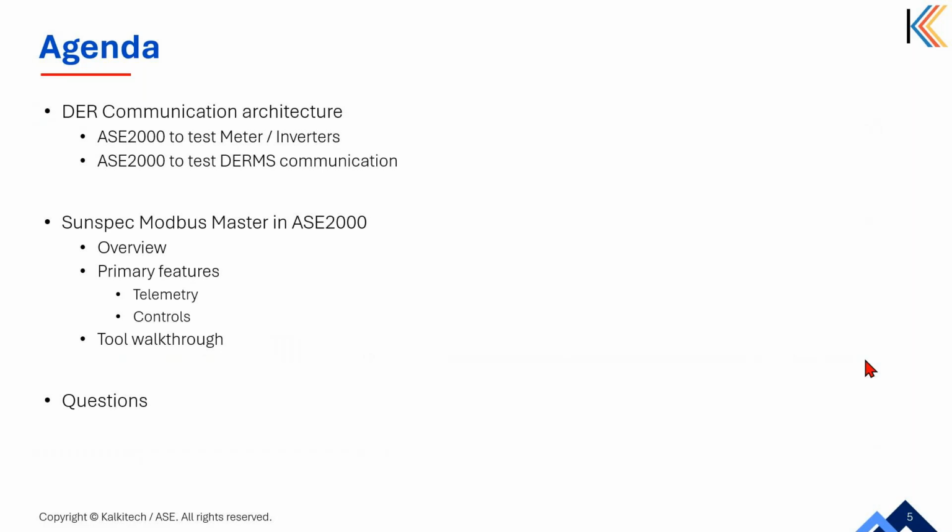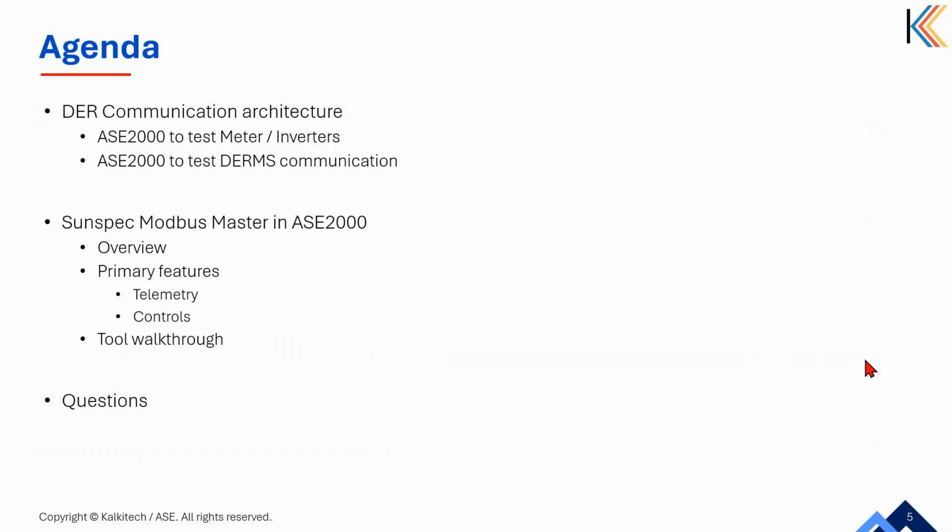So here today we will talk about DER communication architecture. We will see how ASE 2000 can test the meters and inverters. We will also see how ASE 2000 can be used to test the DERMS system at a high level. And we will also cover the SunSpec Modbus Master capability in ASE 2000. We will cover the overview and main features that we have right now in the tool.